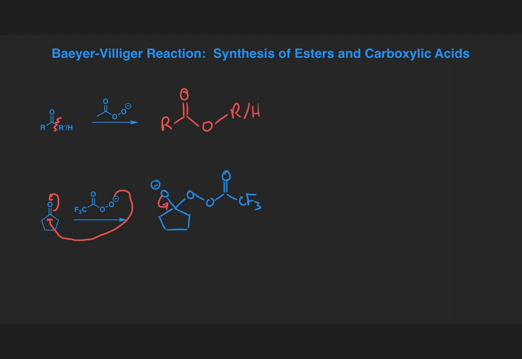This bond is going to migrate to that oxygen, which is going to kick off that bond. Which generates an ester plus this carboxylate anion.